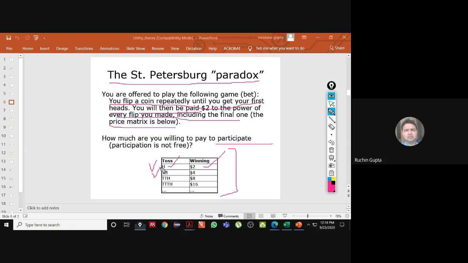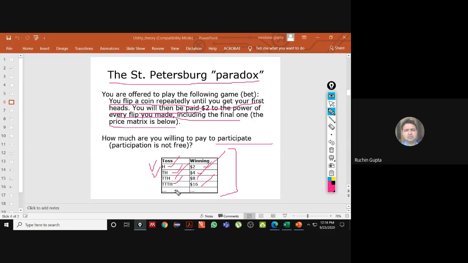When you get the head the second time, you have now two flips. For the first flip, you are getting a tail. For the second flip, you are getting a head. So there are two flips. So you will get 2 raised to the power 2. That is $4. And if you are getting three flips and the third time you are getting the first head, you will get $8. And similarly, you can complete this table.